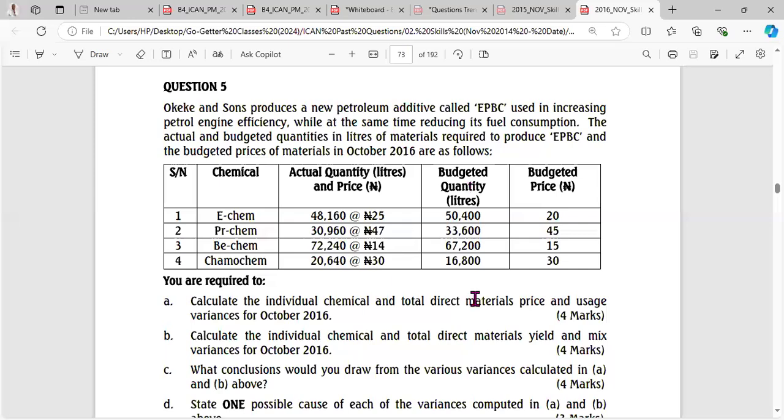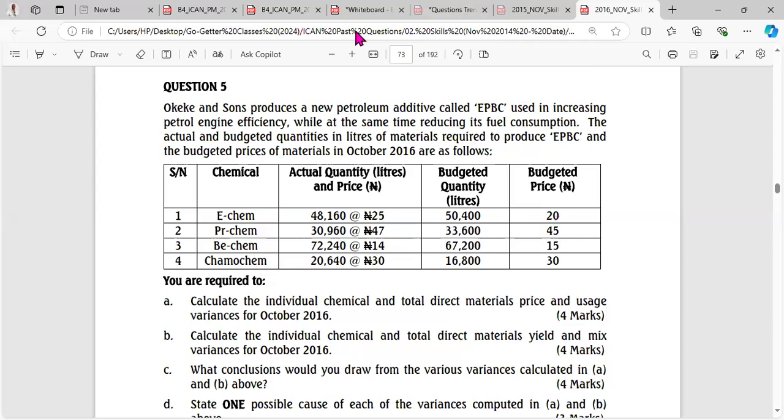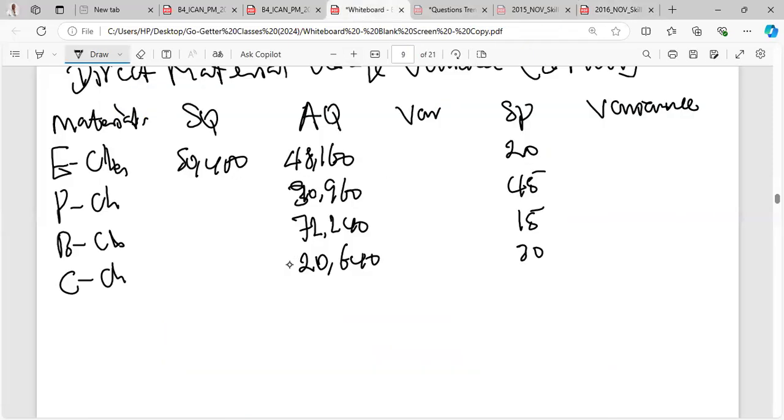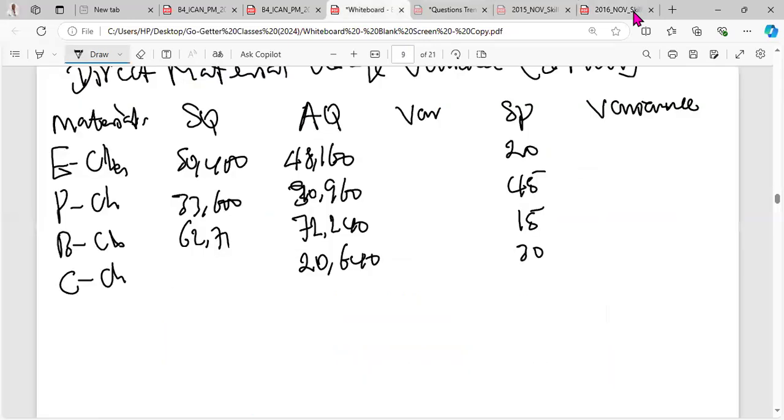We have 50,400, 33,600, 62,700, then 16,800.